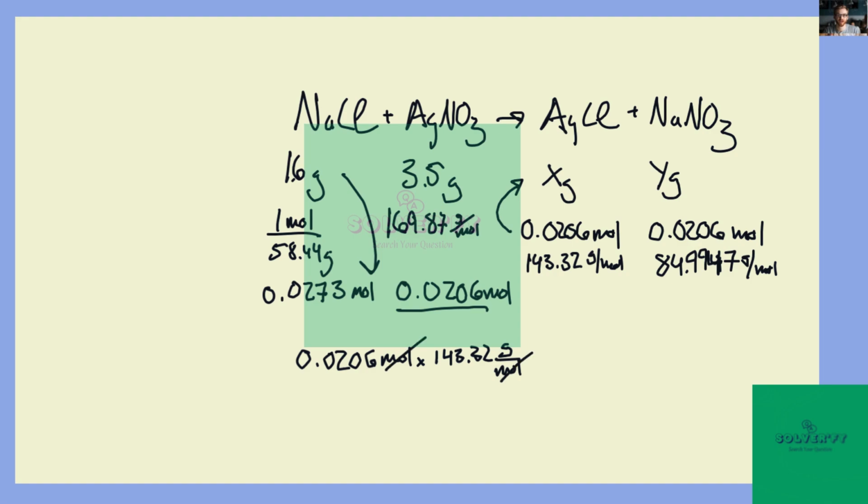Moles cancel, and we get our final answer in grams of silver chloride: 143.32 times 0.0206, and I get 2.953 grams.